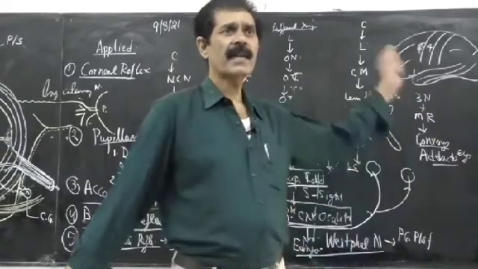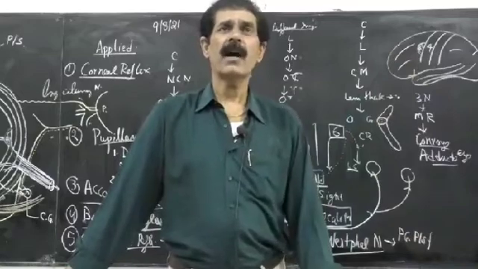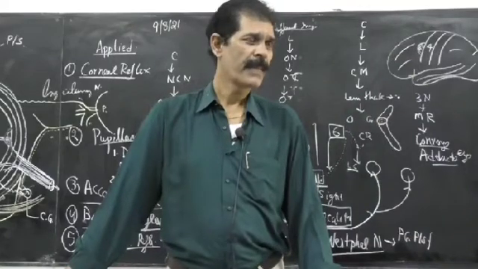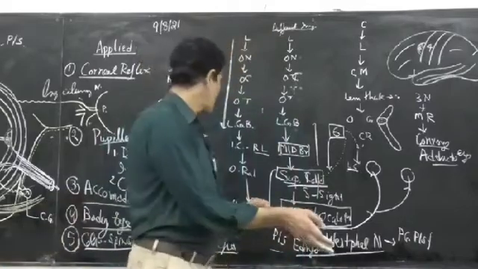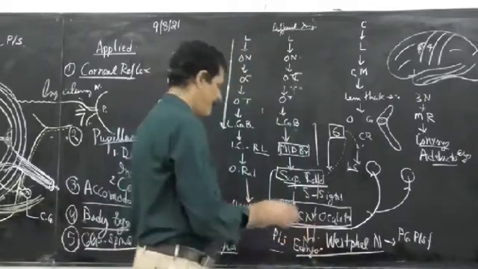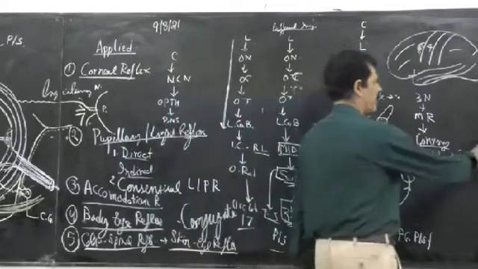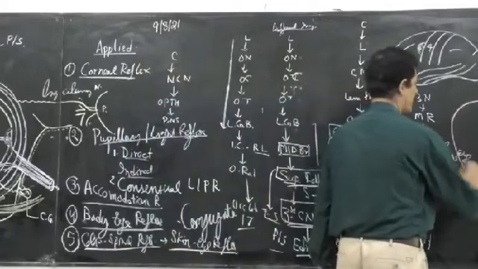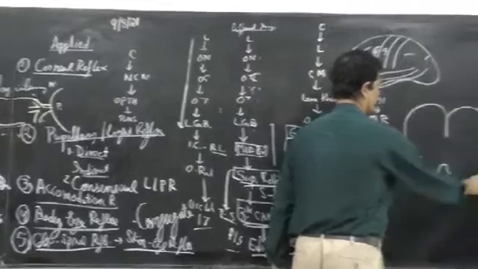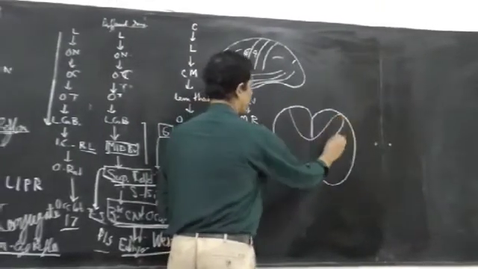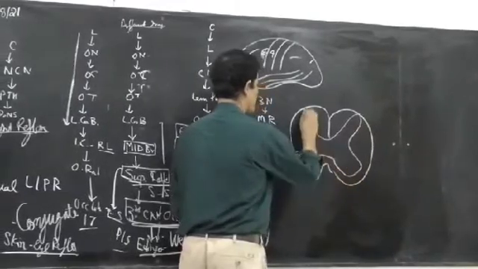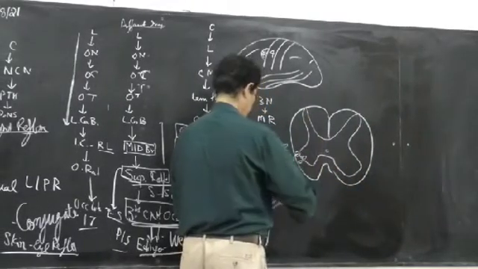So what is the reflex arc? How does it reach the pupil? The explanation is that from the skin the pinch is there, and we know the spinal cord is there, and all these sensory stimuli, general sensory from the skin, reach the posterior horn.